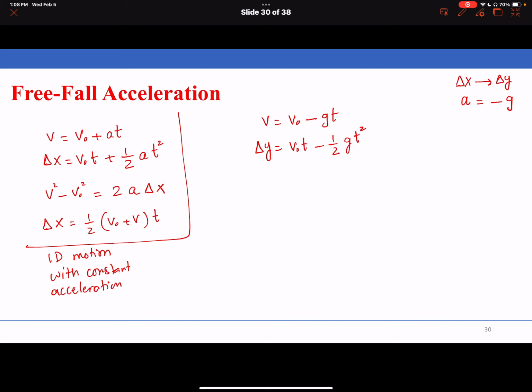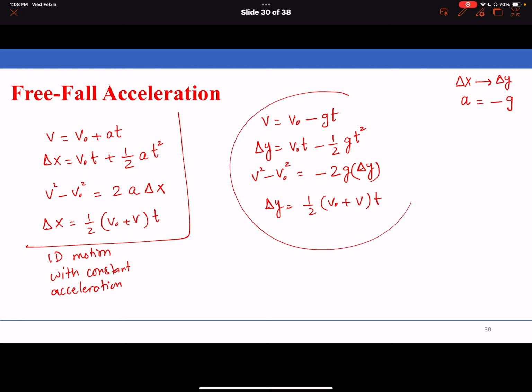Delta y is v0 t minus 1/2 g t squared. Final squared minus initial squared is negative 2g delta y. Delta y is 1/2 initial plus final times time. So these are the equations of free fall motion. In that, you will remember that g is positive 9.8 meters per second squared because I have already taken into account the negative sign.